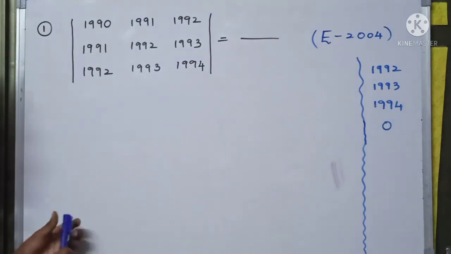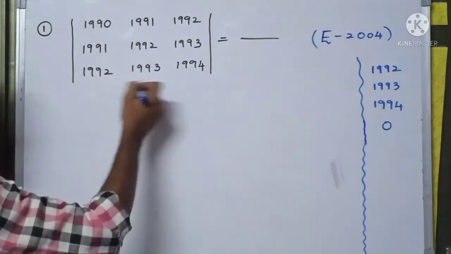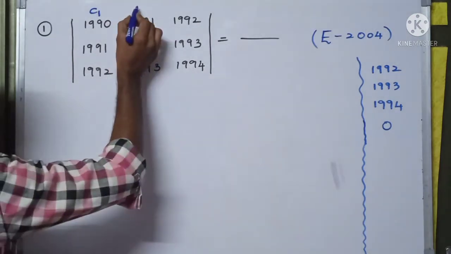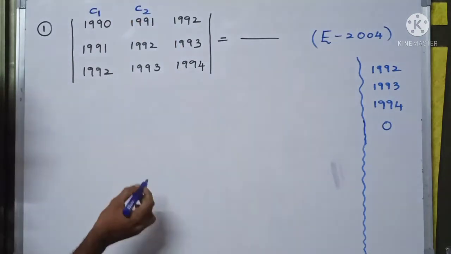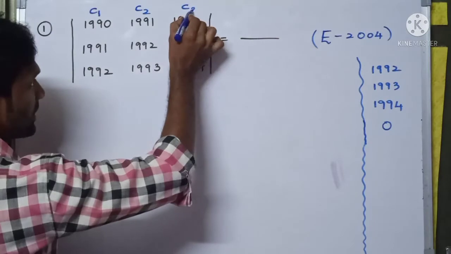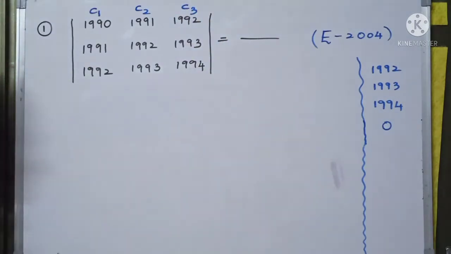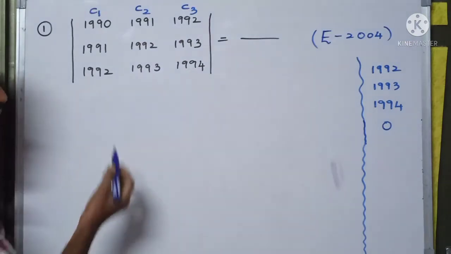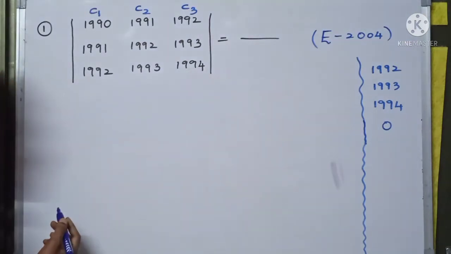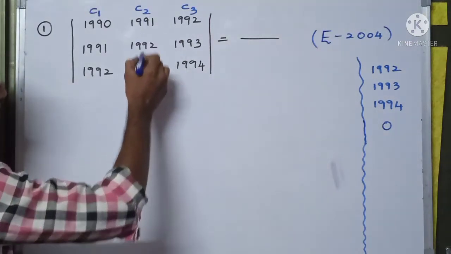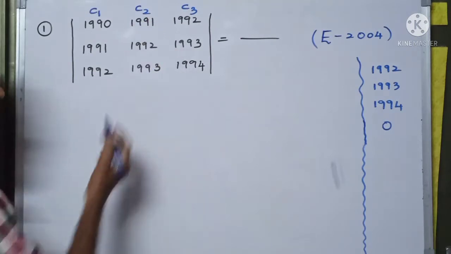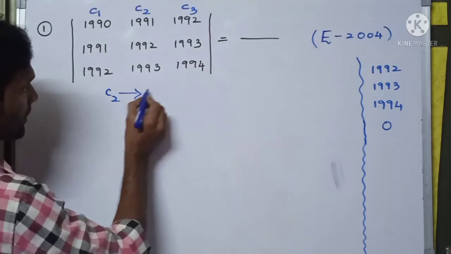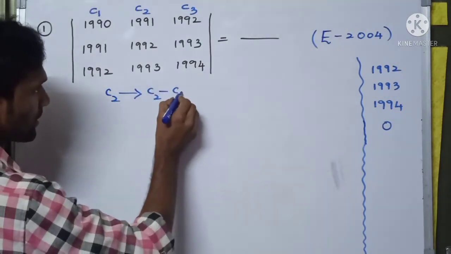First of all, come to the given determinant. In this determinant, this is called first column denoted by C1. This is called second column denoted by C2. It is the third column denoted by C3. Now, change the second and the third columns by using the standard transformations. To change the second column, it is like this: C2 implies C2 minus C1.